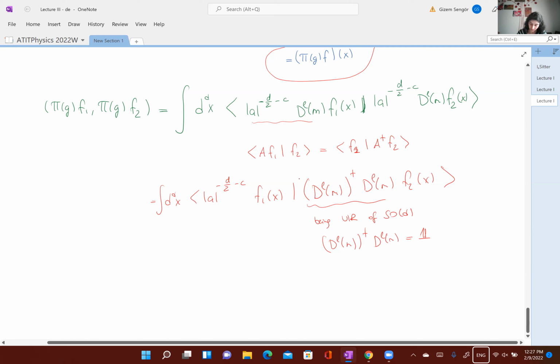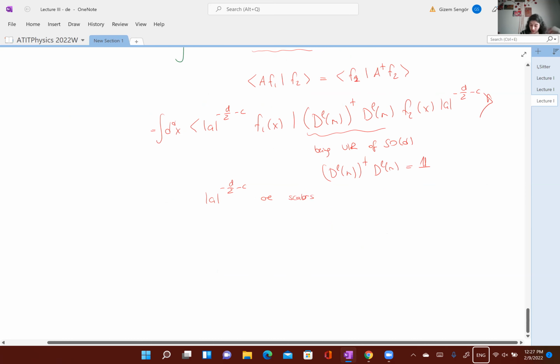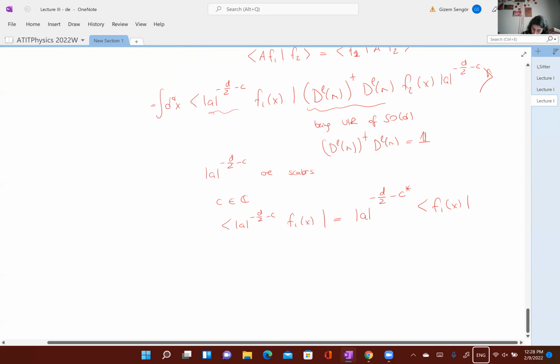Oh, sorry. Okay. And these factors of D/2 minus c are scalars. They just come out, but you have to be careful. c in general is complex. So when this factor comes out, it comes out with its complex conjugation. Okay, it comes out like that.